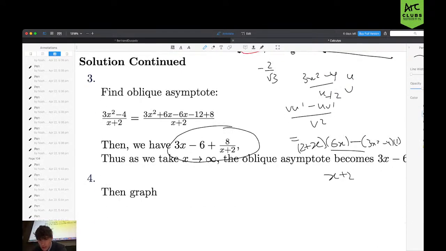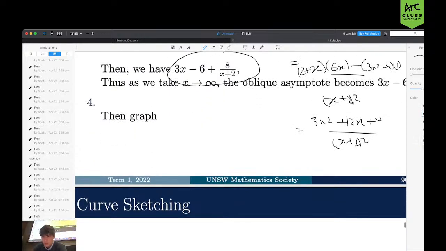Sorry, this is a bit messy. Doing a bit of simplification, that ends up being 3x squared plus 12x plus 4 over x plus 2 squared. Then our turning points will be wherever this quadratic equals 0, and if we solve that, we get negative 2 plus or minus 2 thirds of root 6. So your turning points are roughly at negative 0.36 and 3.6 something.